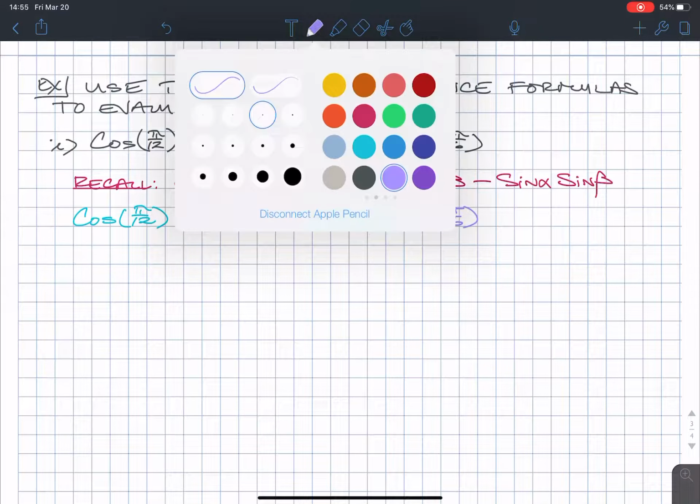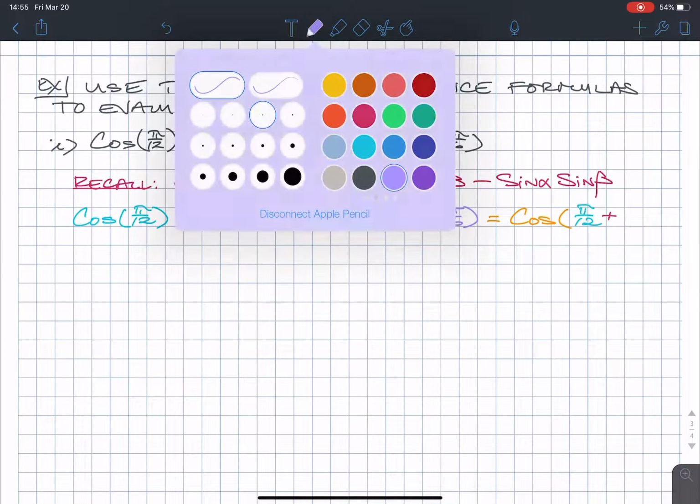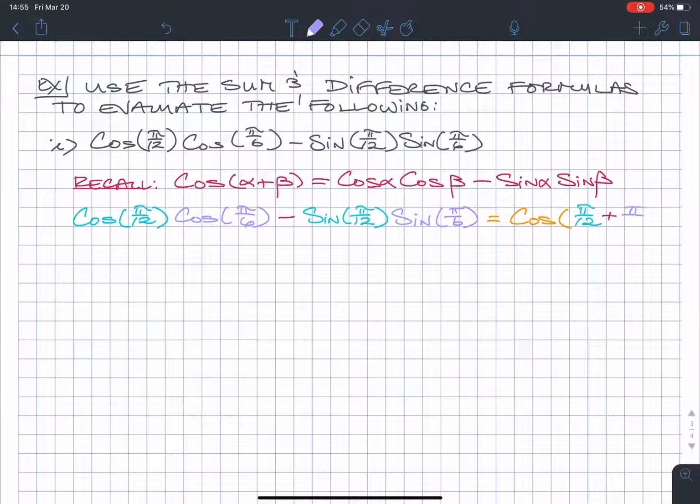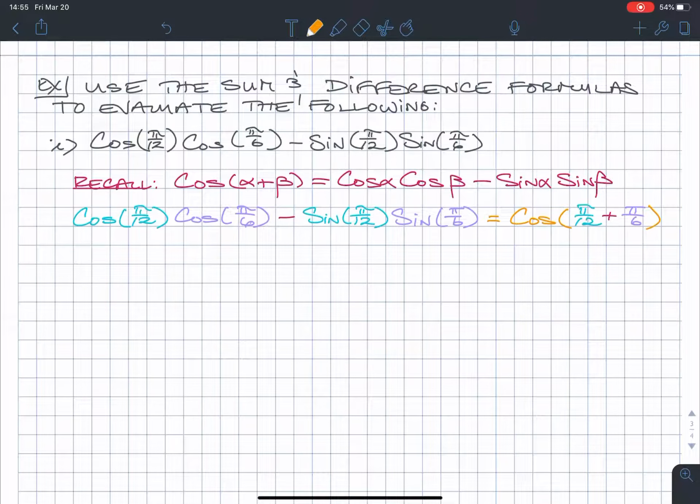Okay, so I claim that this is going to be cosine of the first angle, pi over 12, plus the second angle, pi over 6, because cosine changes the sign and puts himself first.